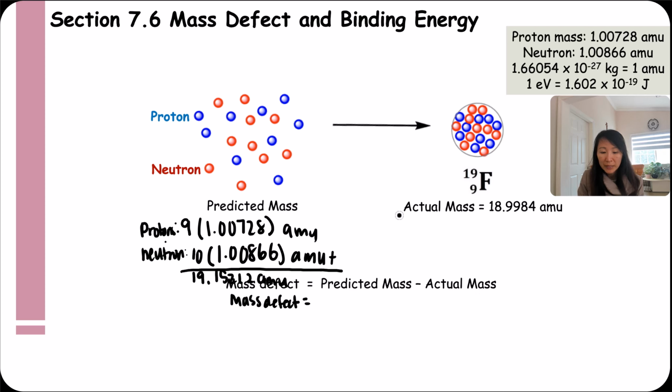So my predicted mass was 19.15212. The actual is 18.9984, meaning that there was a little less mass as this was forming. So what's the rest of the mass? Where did it go?